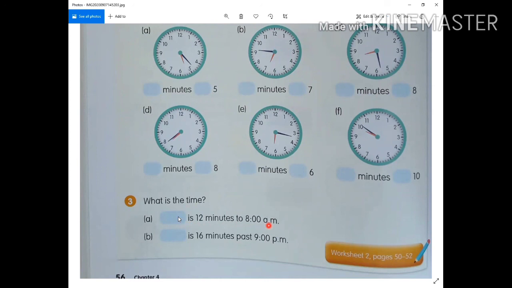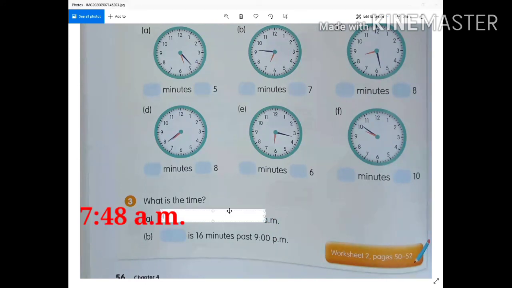You just subtract 12 from 60. And then it means the answer is 48. So 7, we can write it as 7:48 a.m. Good.